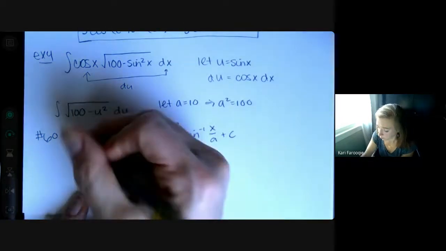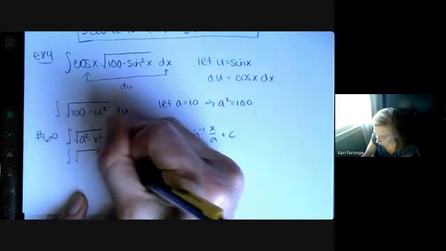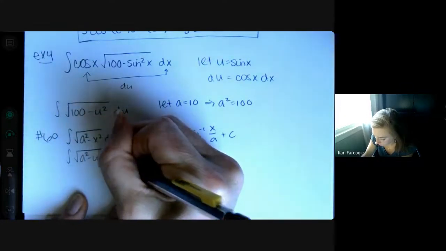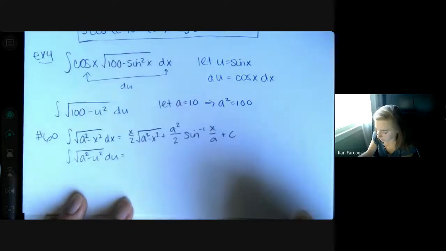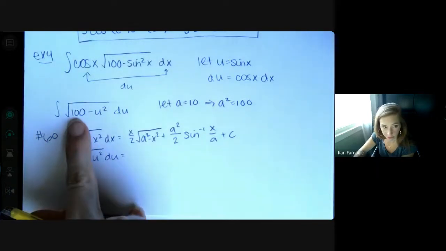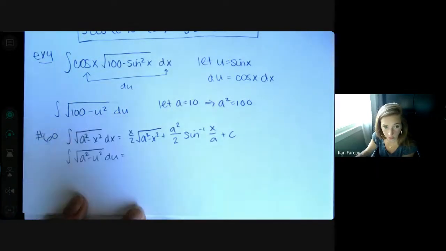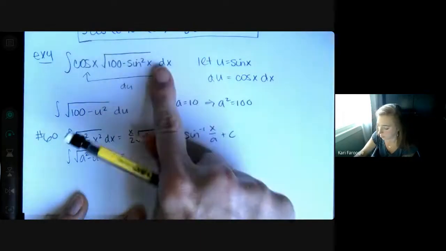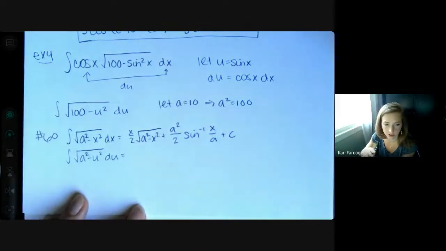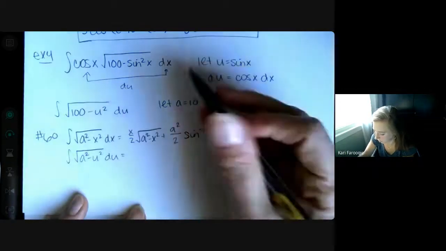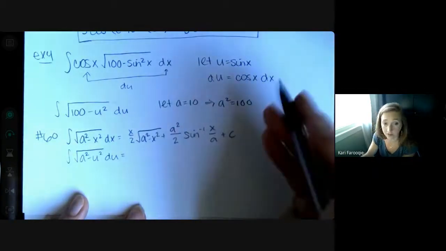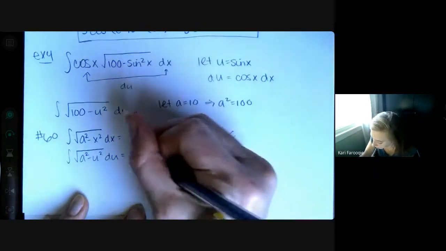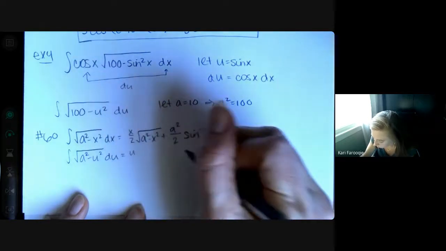I'm going to write this one more time because I want to make sure this is written in terms of u's and not x's, because what we have right now is in the form square root of a squared minus u squared du. Not a huge deal, but since our original contained x's, I just want to make sure that we understand that this is not just x. We're going to have to back substitute. So anywhere we see x, we're going to swap it out with u.